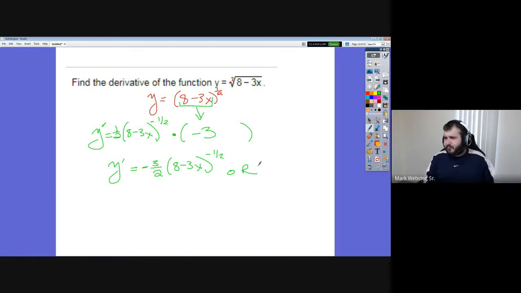But like on Math Excel, if they give you specific directions, write it with no negative exponents or write it as a radical expression, then negative 1/2 means bring it down to the bottom and put the square root back on. So you could, if you wanted to, write it like that. But anything in between, as long as it's the exact same, you're okay. You're definitely fine by me, and you're definitely fine by the AP test.